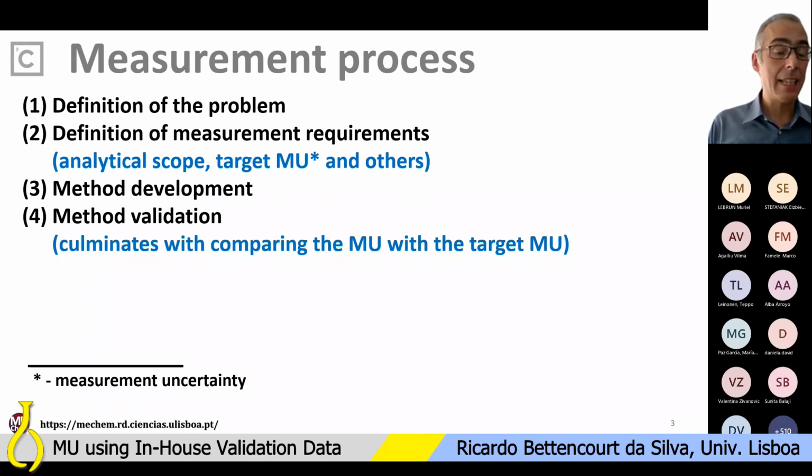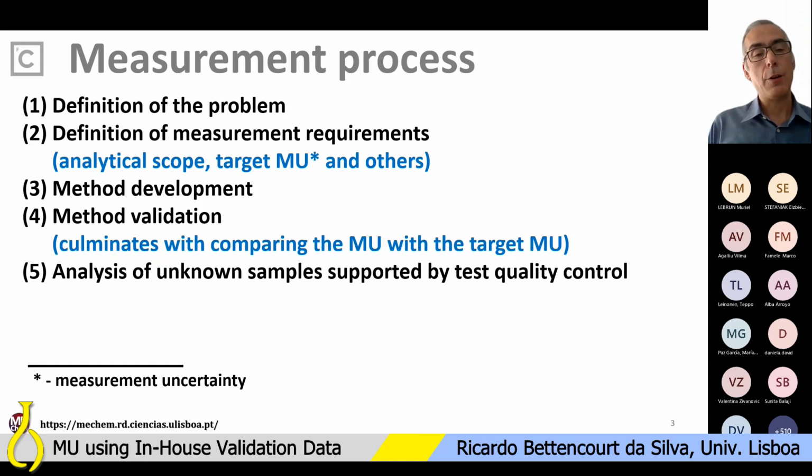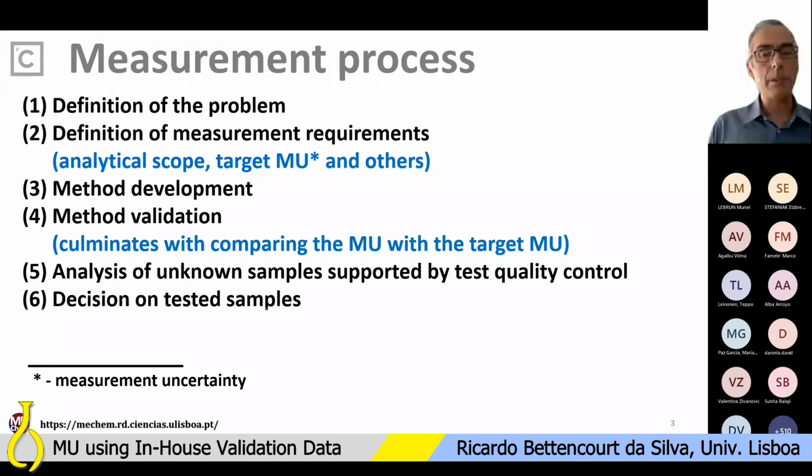After this stage, you are allowed to analyze your unknown samples, and you do that with the support of quality control, because a valid method can produce invalid results, and you have to check the performance as you analyze unknown samples. And then you take decisions on tested samples, typically taking the measurement uncertainty into account.